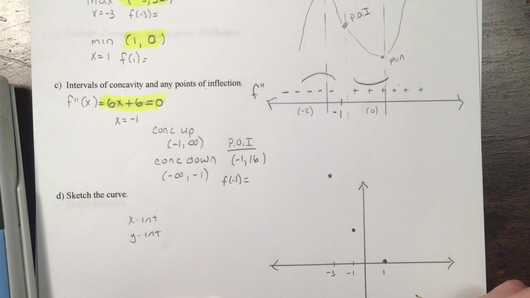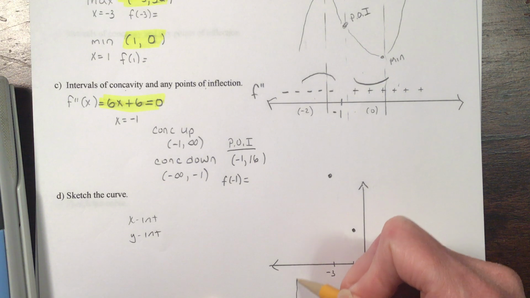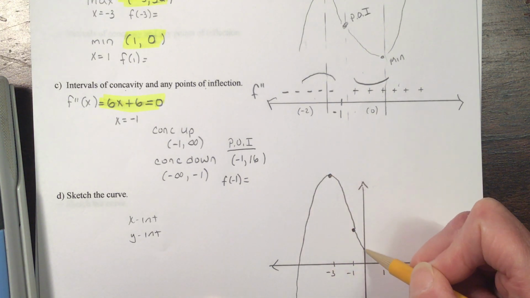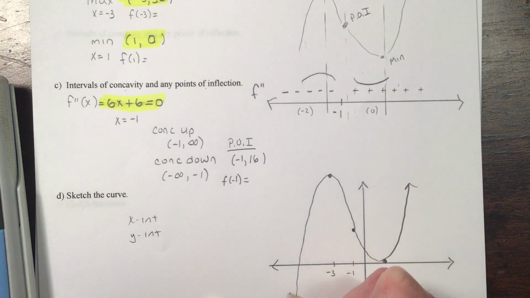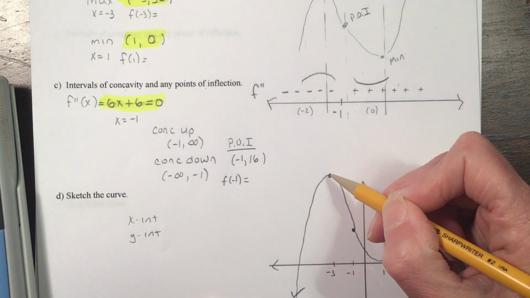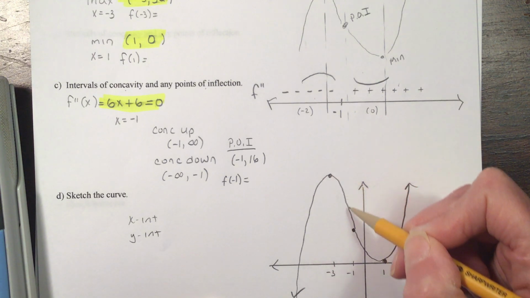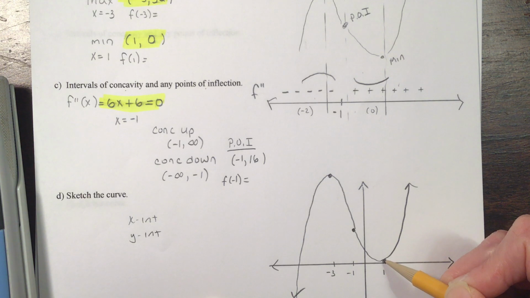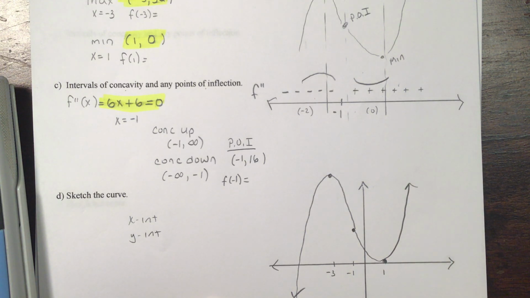Again, notice it's not perfect. And does it connect to the information we got from above? It sure does. Increasing, concave down, decreasing, concave down, decreasing, concave up, increasing, concave up.